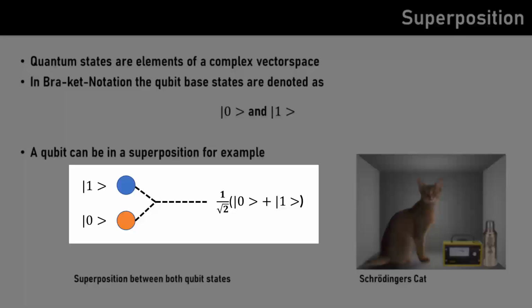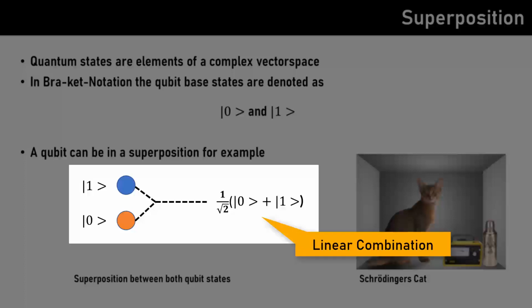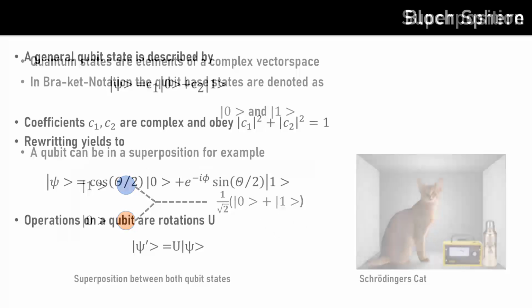The superposition property is a direct consequence of the linearity of the underlying complex vector space, since any linear combination is physically valid. In our example of a superposition, ket 0 plus ket 1 prefactored by 1 over the square root of 2, the qubit is exactly between the two states.